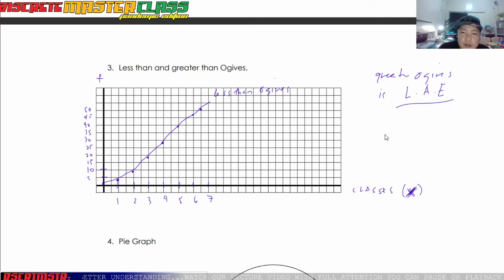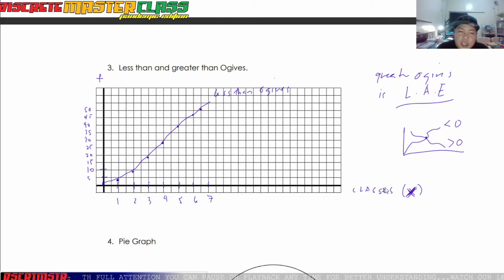Ang form nun, ayokong guluhin, no? Pero kung ito yung less than ogives mo, nandito naman yung greater than ogive mo. May ibig sabihin yung intersection yan later on. Importante yan, kailangan alam mo yan.